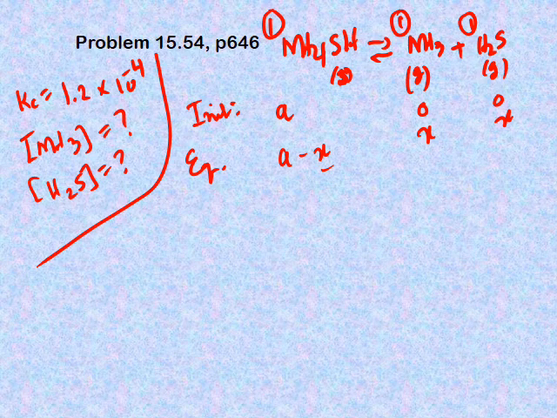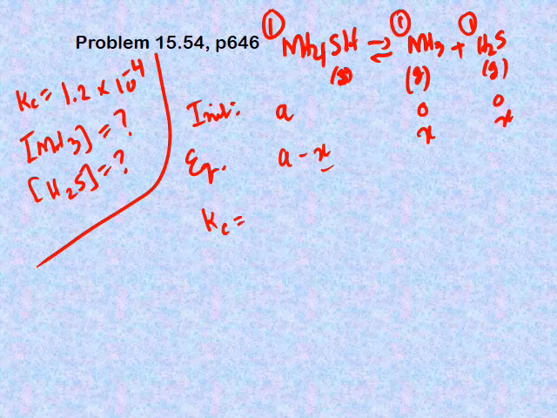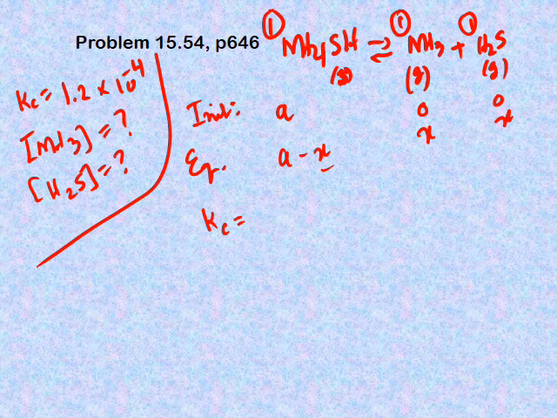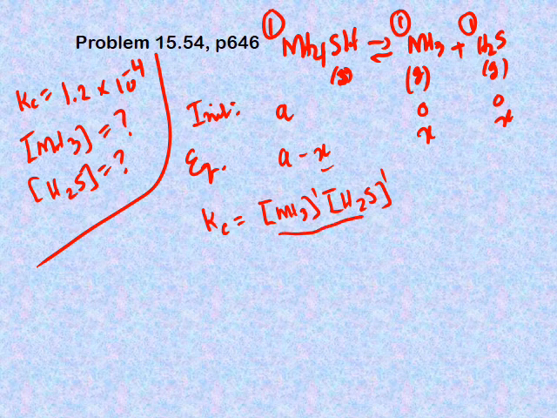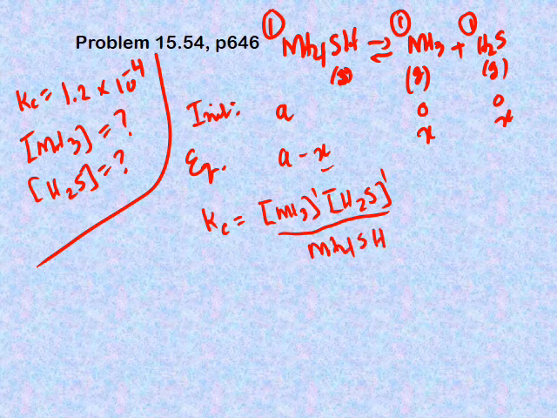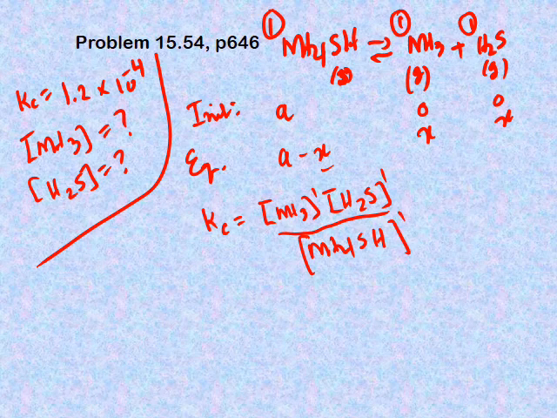Okay, now I can write the Kc expression, or equilibrium constant expression: ammonia equilibrium concentration raised to the power 1, H2S equilibrium concentration raised to the power 1, NH4SH concentration raised to the power 1. Only thing is the bottom one is solid, so ignore it or assume it to be 1, because that concentration doesn't change, and we explained that before.